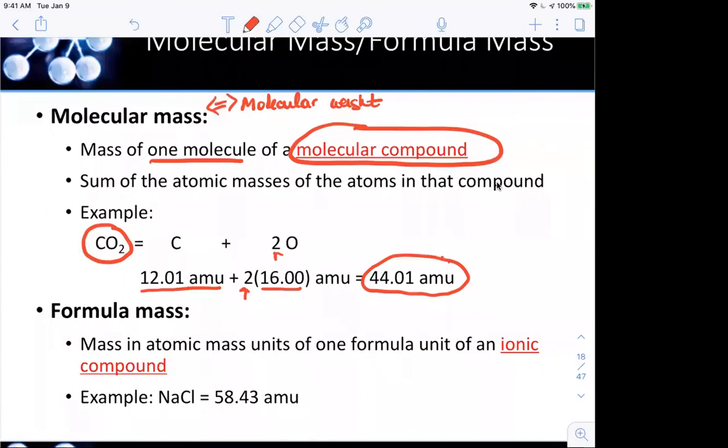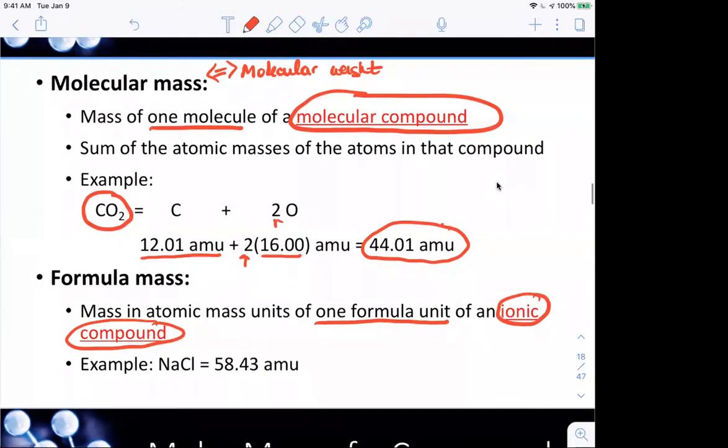My formula unit or my formula mass actually pertains more specifically to one formula unit of an ionic compound. Remember, there's a difference between molecular compounds, which have the single most base unit as the molecule, and ionic compounds, which form that lattice. So I really don't have one formula unit acting as a single discrete unit. Remember, this formula unit is the lowest whole number ratio of the ions that give me a net zero charge.